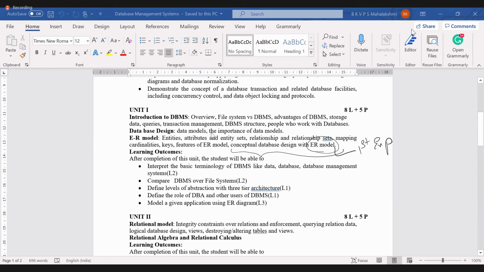What are the data models that we have to know, and about the data models we have to write, and what is the importance of data models? You have to write the importance, and specify one data model example and the basic building blocks of the data model, that is, the entities, attributes, and relationship sets. And coming to the ER model.